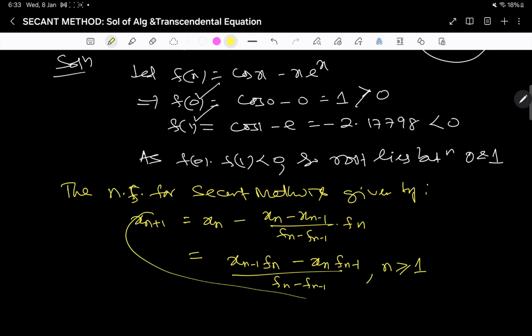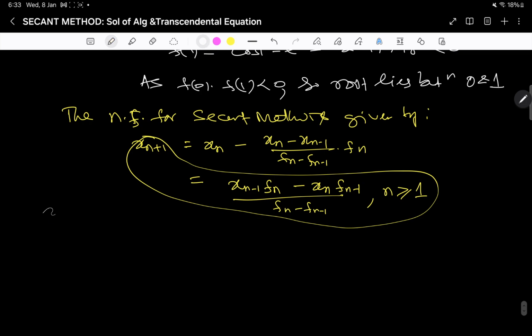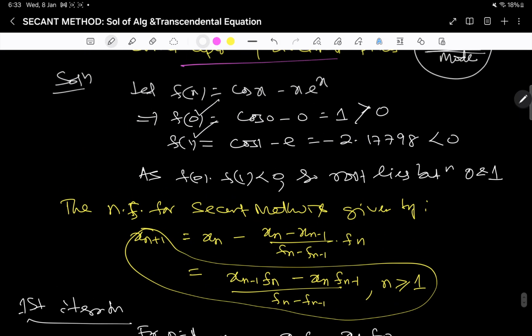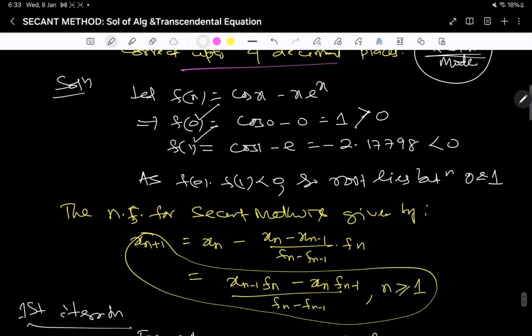So this is your necessary formula. Now coming to your first iteration, for n is equal to 1, your x2 is equal to (x0 f1 minus x1 f0) by (f1 minus f0). Now this is my f0, right?